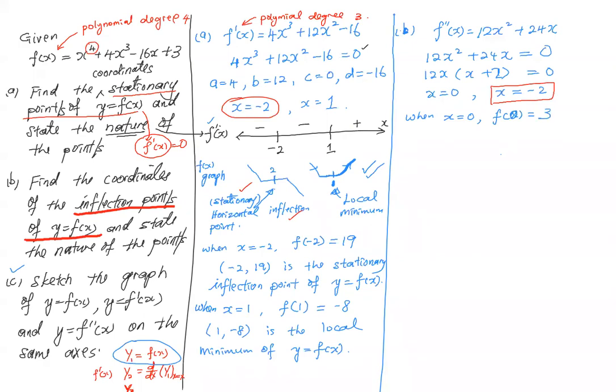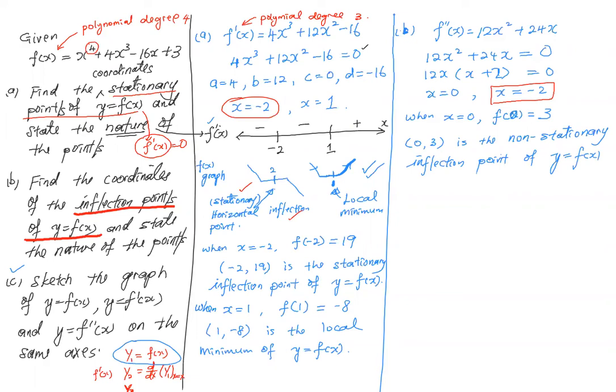Okay, so I will say that (0, 3) is the non-stationary, or horizontal also can, inflection point of y equal to f(x).